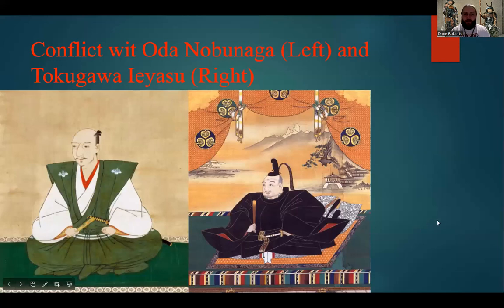But much like with the Mori clan, this increase in his power and in his territorial and political holdings would bring him into conflict with the powerful Oda clan, specifically with Oda Nobunaga and his vassal clan, the Tokugawa clan, led by Tokugawa Ieyasu. Oda Nobunaga over here, Tokugawa Ieyasu over here.